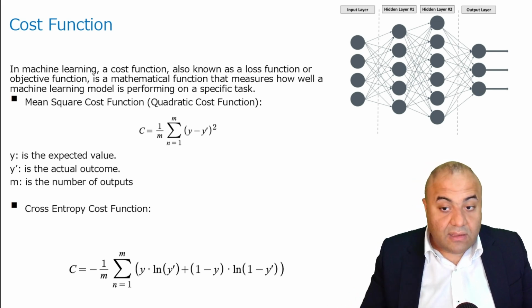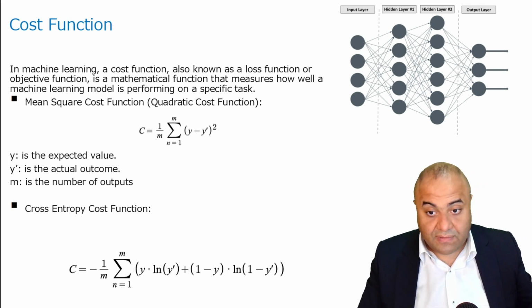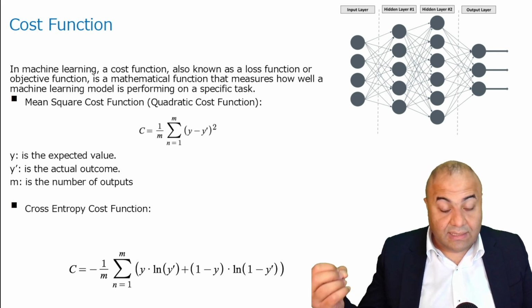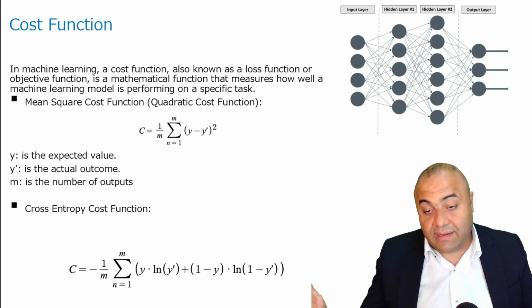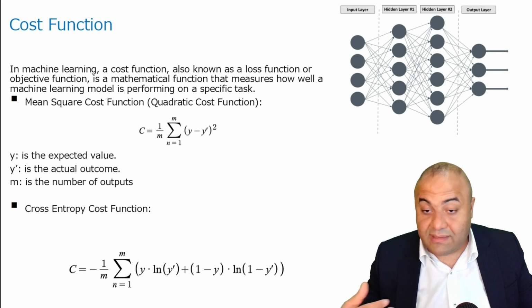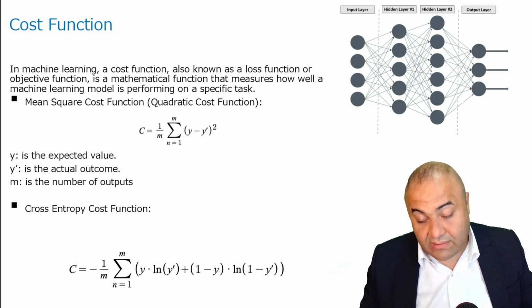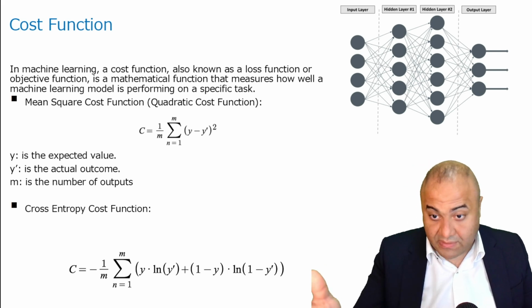For example, if we have an input image of a dog, the result should be: dog is 1 and cat is 0. If we have the opposite, that means the weights have to be updated in order to match this output, which should give us a dog, because the image is a dog.